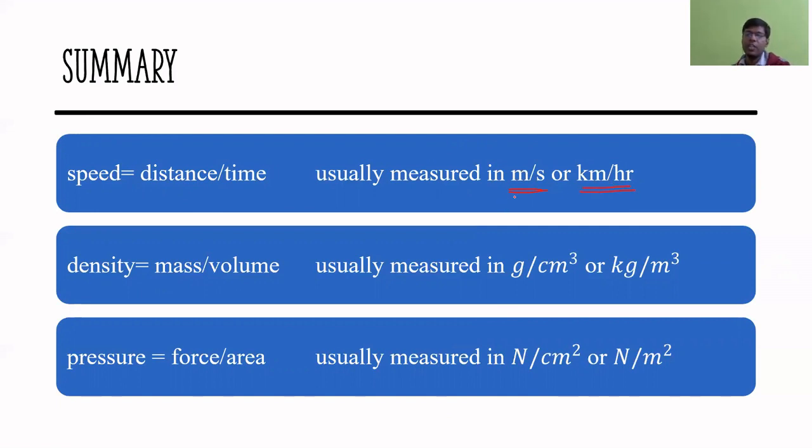In fact, I'll tell you one small trick. Whenever you have to convert meters per second to kilometers per hour, suppose in the problem we had 10 meters per second and we had to convert into kilometers per hour. Of course, I think in the problem it was the other way around. We were given 36 kilometers per hour.